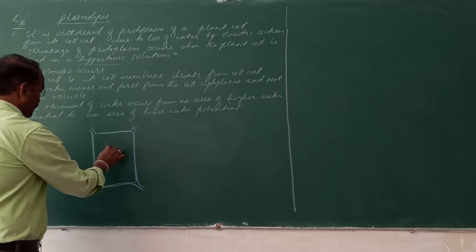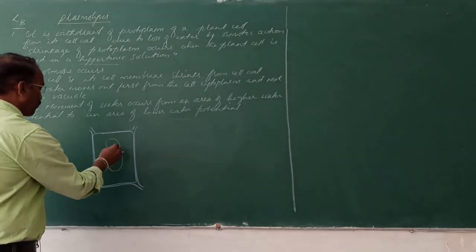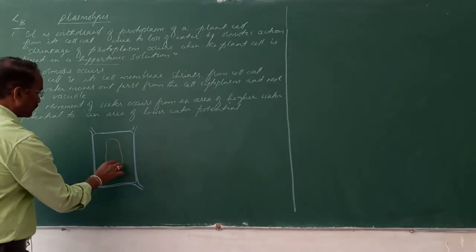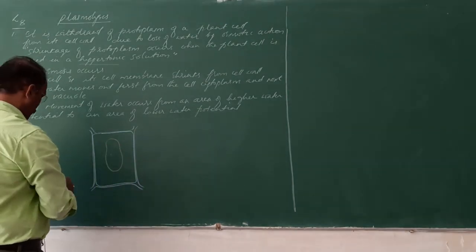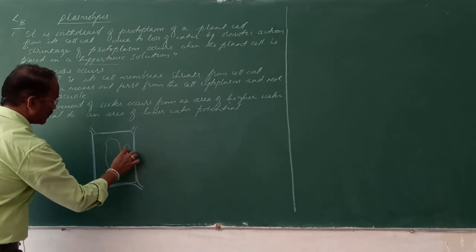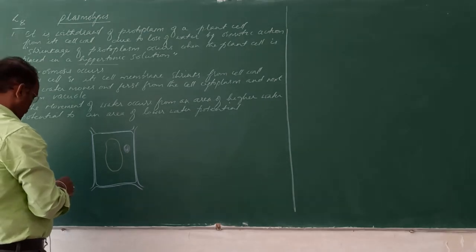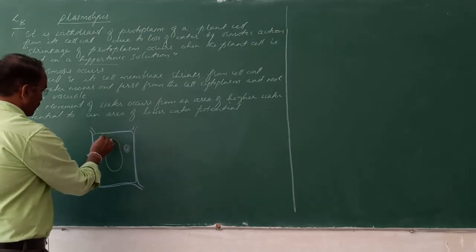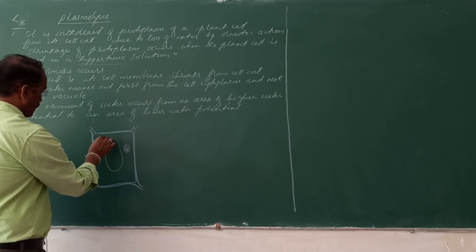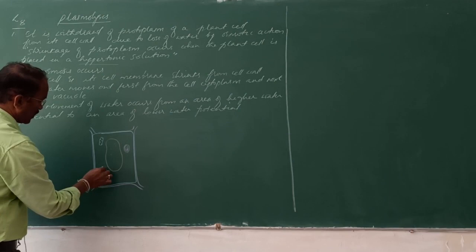What is there in the center of a plant cell? It is occupied by the vacuole. Understand? So here will be the nucleus and some other cell organelles like mitochondria and the chloroplast.